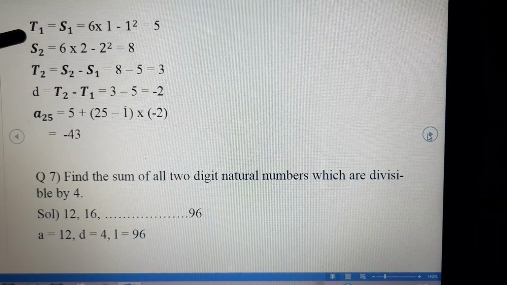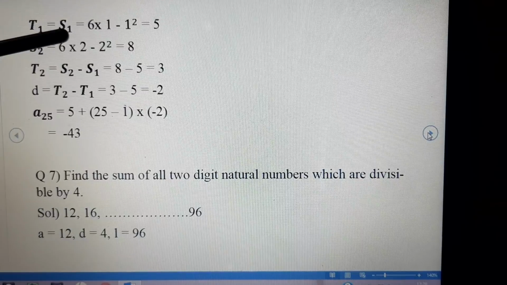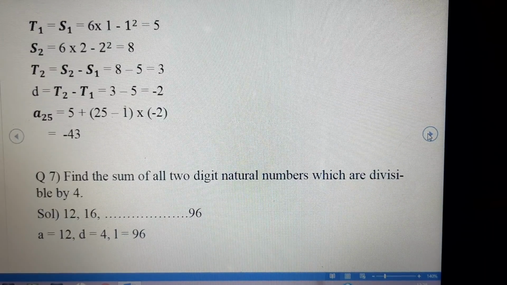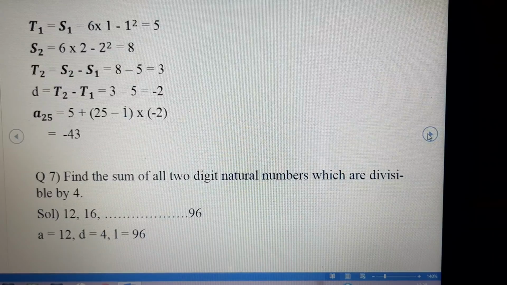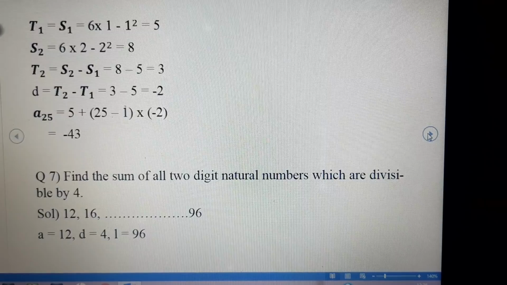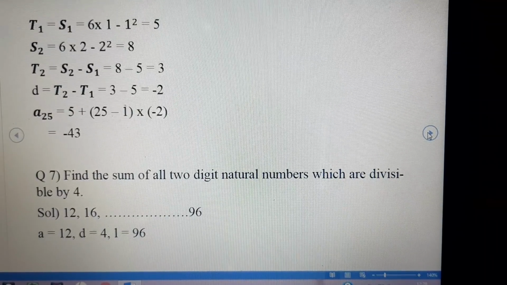It means T1, the first term, will be equal to S1, the sum of the series, because we do not have any other term. So whatever we have as the first term will become the sum. Are you getting it? So T1 and S1 will be the same.